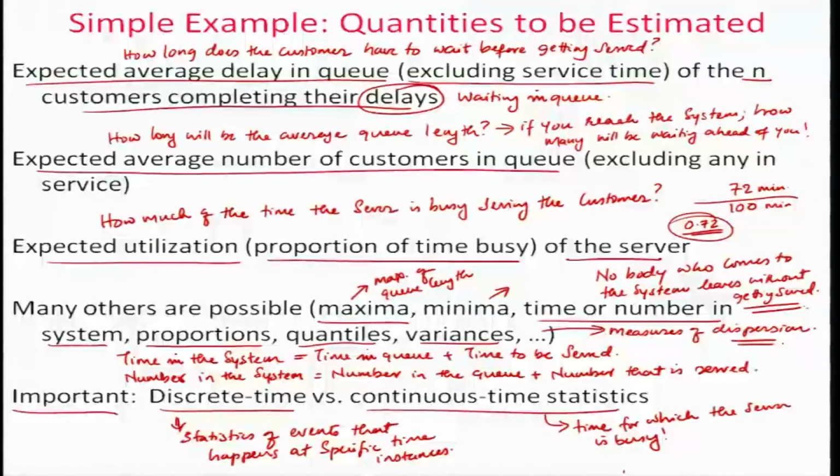So, a person coming in will join the queue. If this is the server S1 serving an individual, and here is a queue with people waiting, and a new person comes in, he will join the queue, he will not leave.